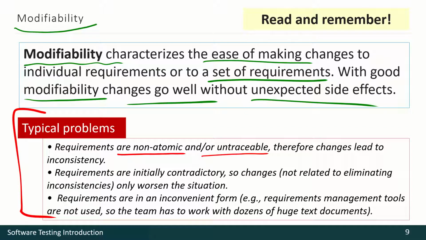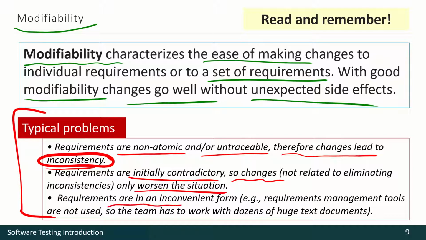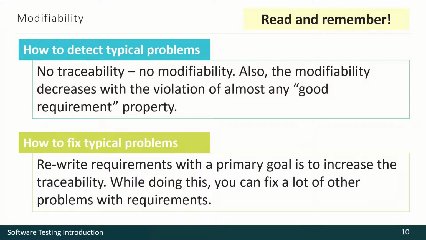If requirements are non-atomic or untraceable, any change may lead to inconsistency, to chaos. If requirements are contradictory, any change only worsens the situation. If requirements are in some inconvenient form with the wrong management tool and so on, the teamwork becomes hell, and hundreds of mistakes would surely be made.